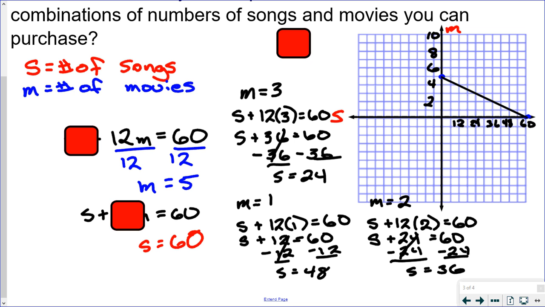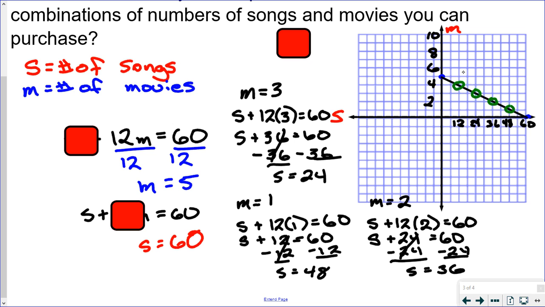All right. Now that I've stretched this out, let's look. This is a good point right here. This is a good point right here. That's a good point there, and that's a good point there. Well, look at the coordinates of these points.